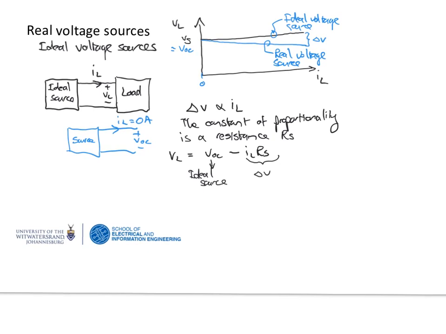So we can model a real voltage source as an ideal voltage source with voltage V open circuit connected in series with a source resistance RS. And then we've got a load RL.